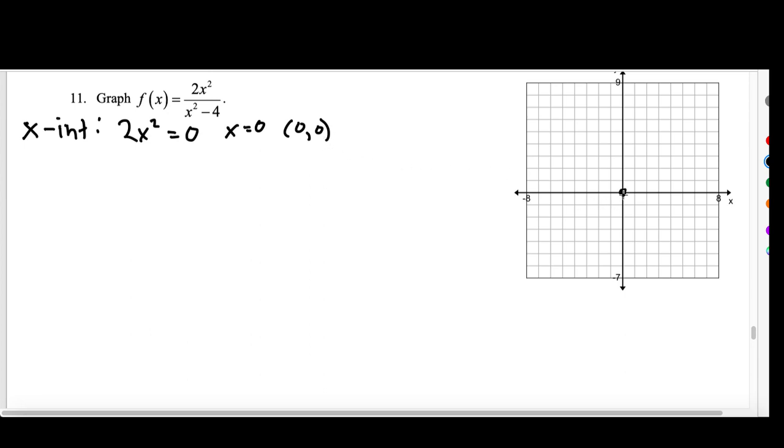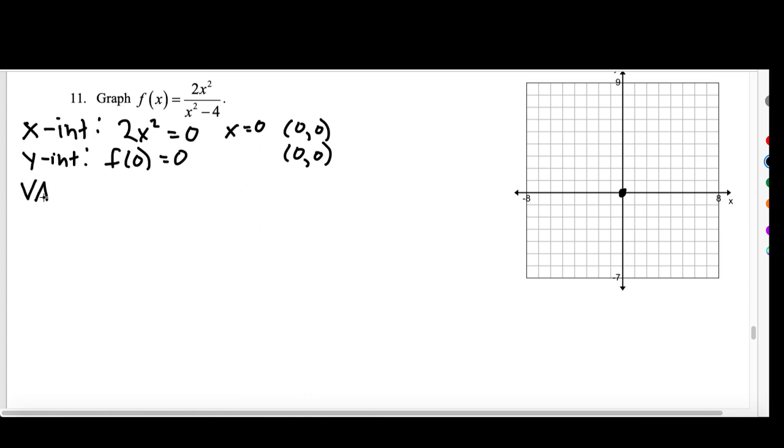Let's plot that right now. And let's see if there's any other y-intercepts besides the one that we just found. The y-intercept is found by evaluating f of 0, which equals 0, right? So 0, 0 is also the only y-intercept.